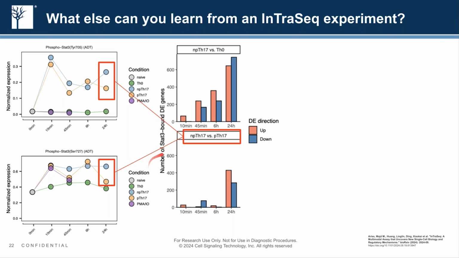We did the same analysis, looking at the RNA expression of the STAT3 bound genes between non-pathogenic and pathogenic. You can see that in the first time points there is no difference. However, suddenly at the 24-hour time point, it goes from almost 0 to 700 differentially expressed genes, whether upregulated or downregulated, hinting that that change in signaling is likely to be real in STAT3.